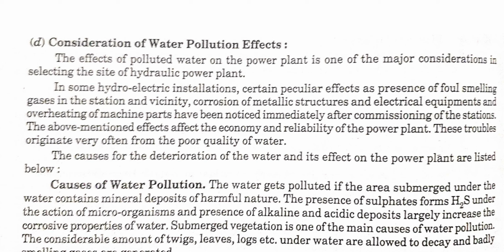In some hydroelectric installations, certain effects such as the presence of foul smelling gases in the station and vicinity, corrosion of metallic structures and electrical equipment, and overheating of machine parts have been noticed immediately after commissioning of these stations. The above mentioned effects affect the economy and reliability of the power plant.